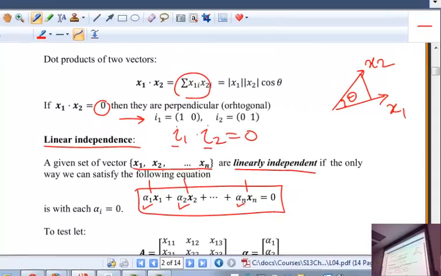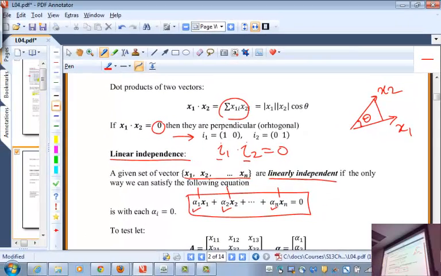The only way I can satisfy that equation is every alpha is 0. Okay? And that means all those vectors x1 to xn are linearly independent. I cannot express one as a linear combination of the others. Okay? And that is essential because if you want to construct any other vector, once you have a linearly independent set, you can use that as a basis to construct any other vector.